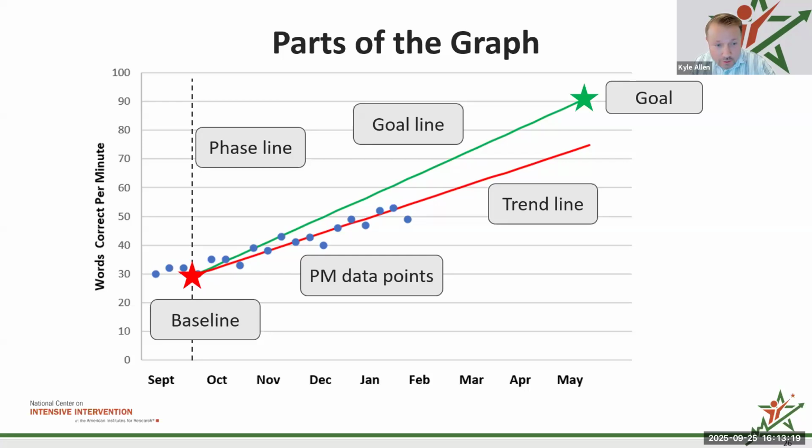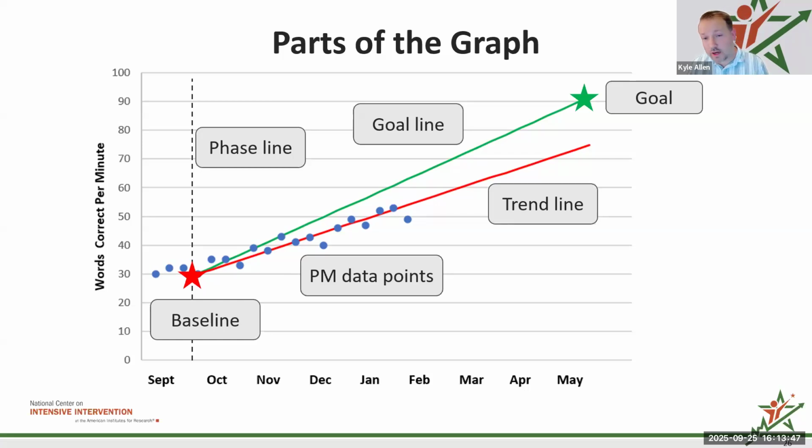You see, we have actual progress monitoring data points. Those are just those blue dots as we do this weekly or bi-weekly measuring the effectiveness of our instruction. We plot it on the graph, right? And some of those tools that we utilize will then give us a trend line. Anytime you see a line on a graph, that's just a rate of improvement, right? So the other thing I like to call the trend line is the actual rate of improvement.